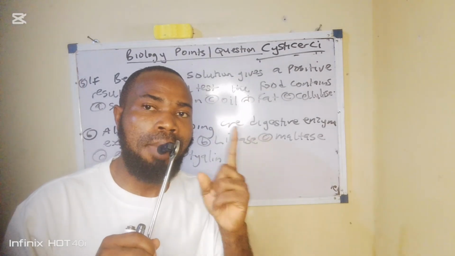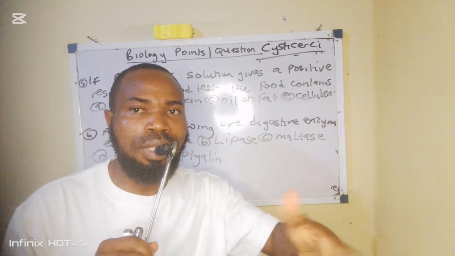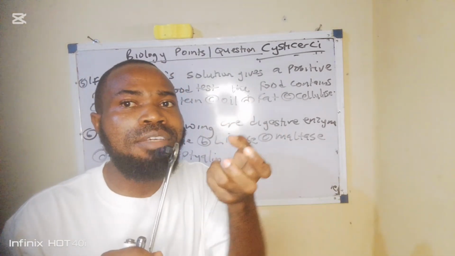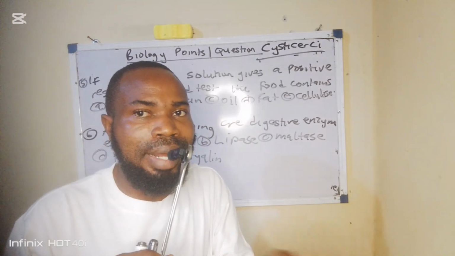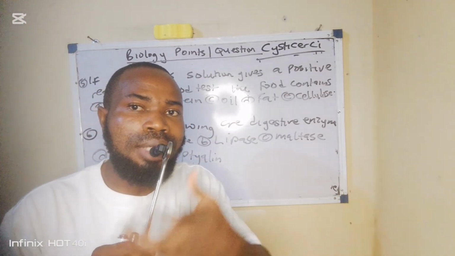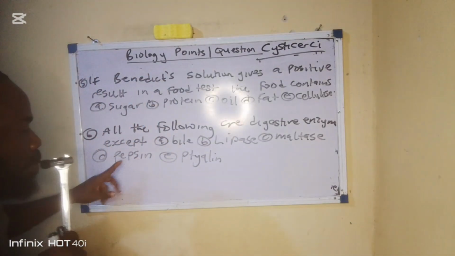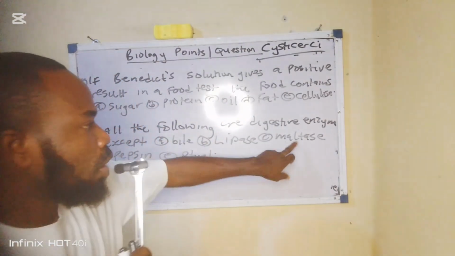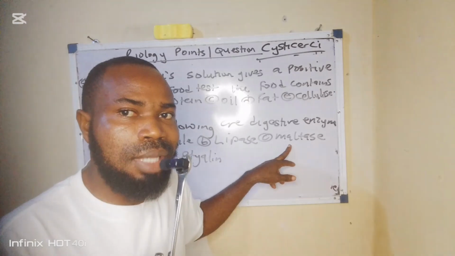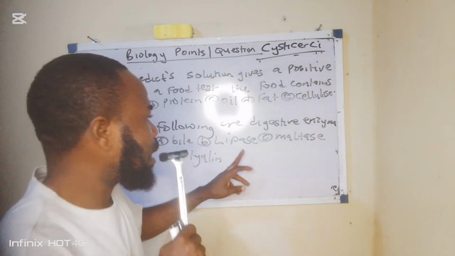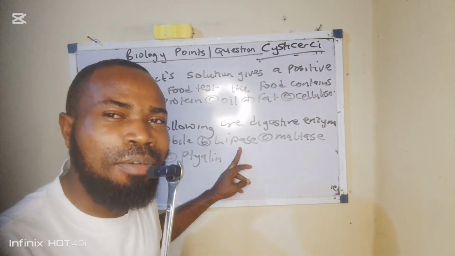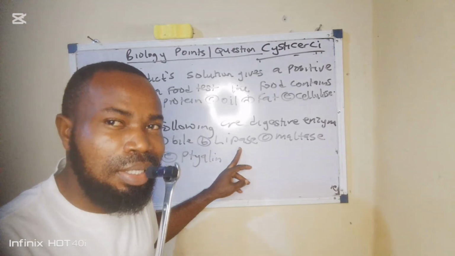Of course, remember that when gastric juice acts on food, the food is now called chyme. Inactive pepsin is what is called pepsinogen, and it's HCl that usually helps to activate the gastric juice in the stomach. So yes, pepsin is an enzyme, it breaks down protein to peptones. Now talking about maltase, maltase is also another enzyme that breaks down maltose. Lipase is an enzyme that breaks down fats to fatty acid and glycerol.